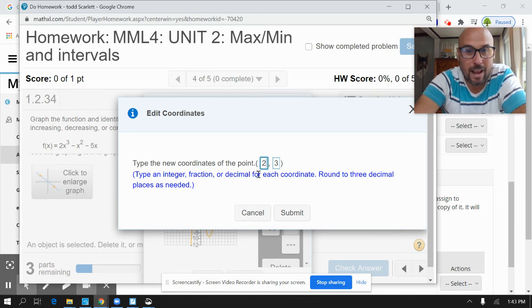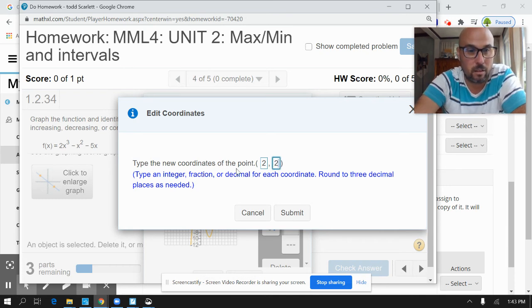So I'm going to have x equal 2 and try to do this in my head. 2 cubed is 8. So 2 times 8 makes it 16. So this first term will be 16 minus 4, because 2 squared is 4. So 16 minus 4 is 12, minus 5 times 2, which is 10. So 12 minus 10 is 2.